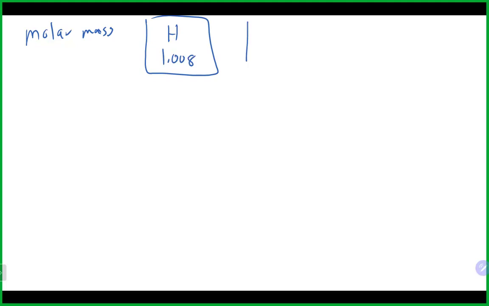So there is something known as molar mass. Molar mass comes from the periodic table, and you can get it from the number on the bottom. For example, if we look at hydrogen and oxygen on the periodic table, these are the numbers that you see on the bottom of those elements.